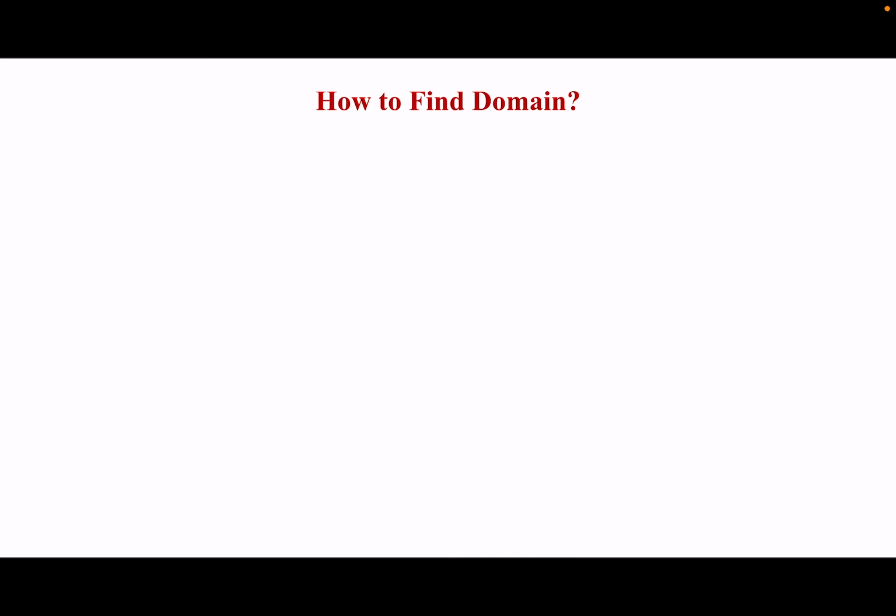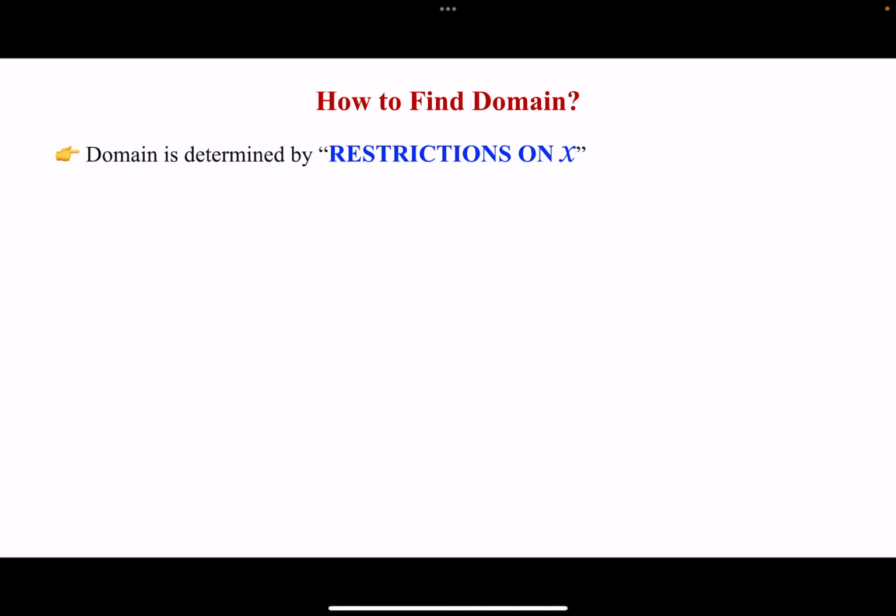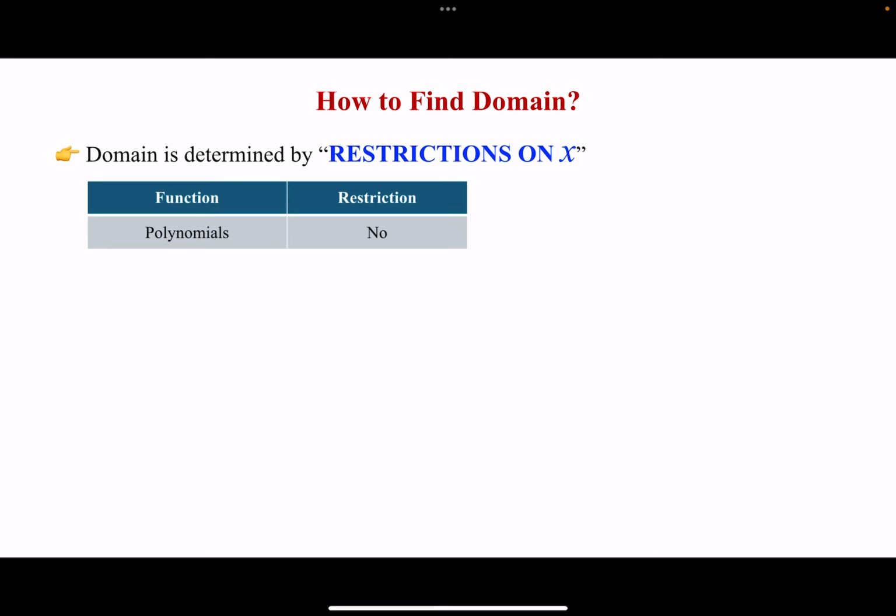Now the important question is how to find domain and range of a function. To identify domain, we always try to find restrictions on input values x. Let me summarize possible restrictions on x for some functions. First, for polynomials, there are no restrictions.